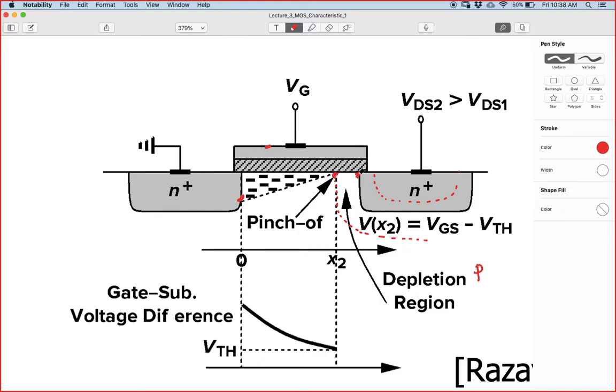Only at this region, because the potential decreases again from this direction, the potential at this node is Vgs minus Vth. So there is a zero potential here, but from there the potential keeps decreasing. So there is a potential difference, and the channel is formed.